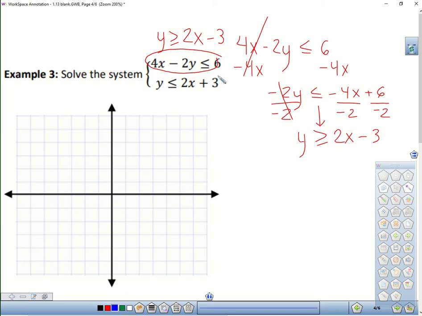So now that we have both inequalities, I'm ready to plot them. Looking at the one circled in red, my y-intercept is negative 3, and I'm going up 2 and over 1. It's going to look like this, and my line is going to be solid.